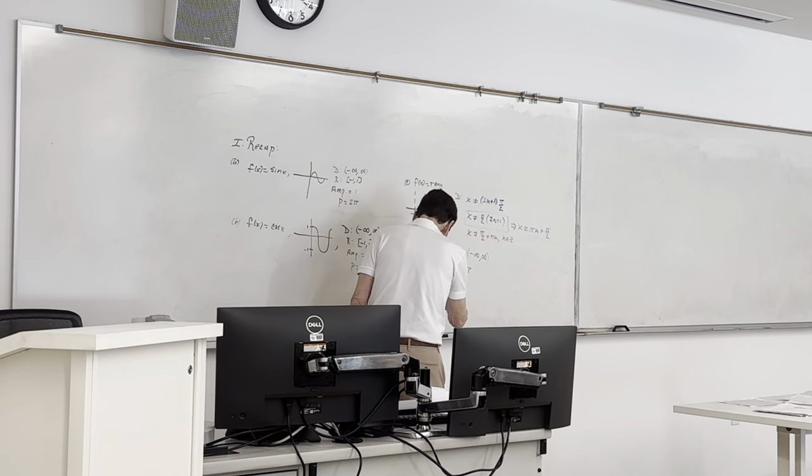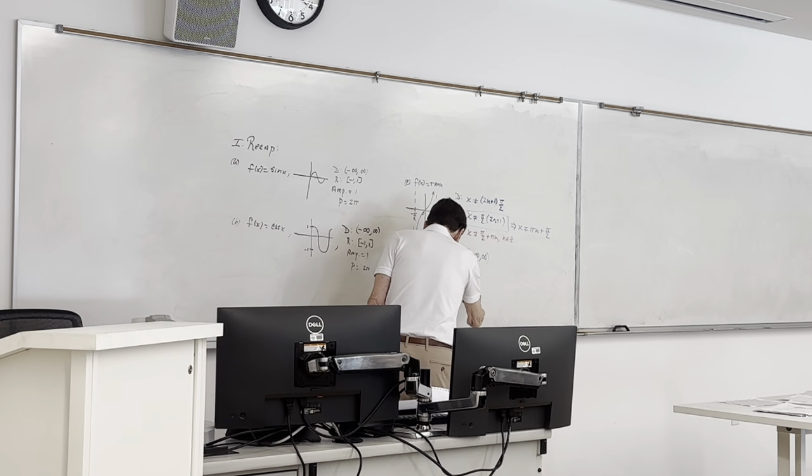Mark a few things here: 0, pi over 2, pi, 3 pi over 2, 2 pi. Let's go through one complete revolution here. Guys, does anyone recall what we talked about in class? I went back to the sine graph.